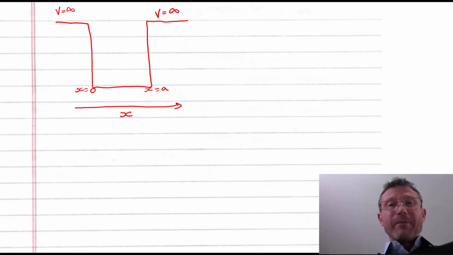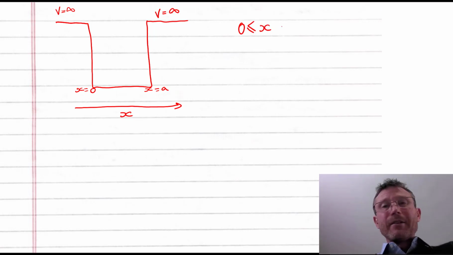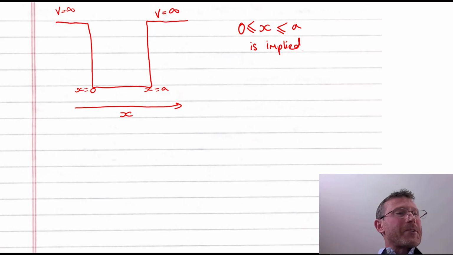So what else can we say about this as we set this up? So 0 is less than or equal to x, which is less than or equal to a, and this is implied. What we're also going to do is take a little time out here for a second.